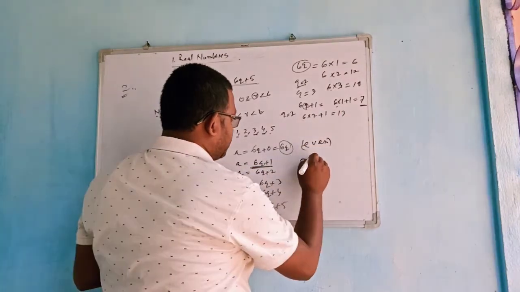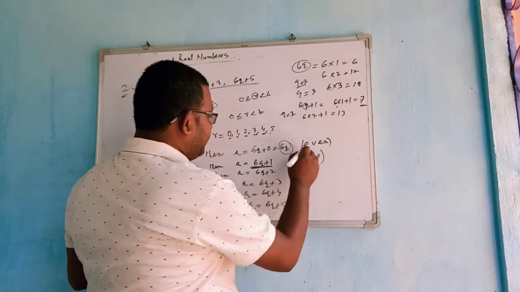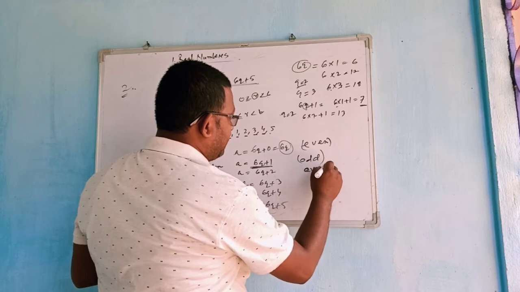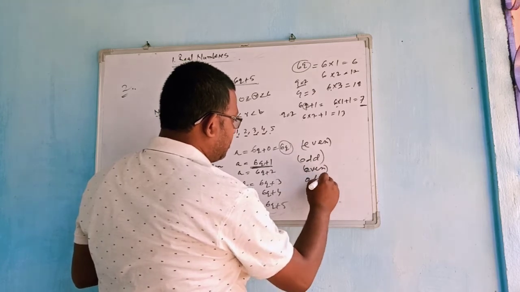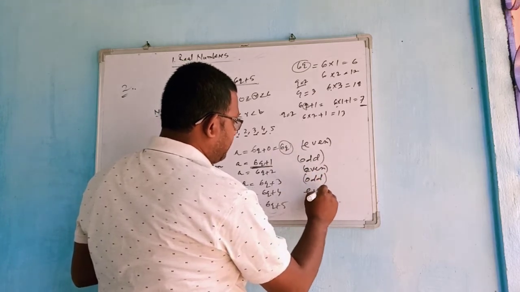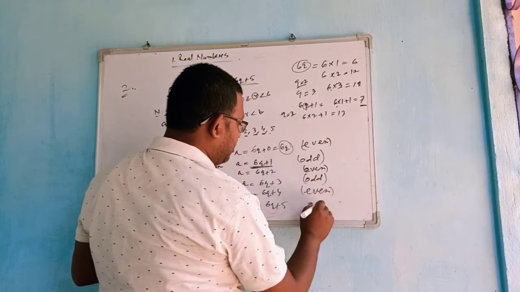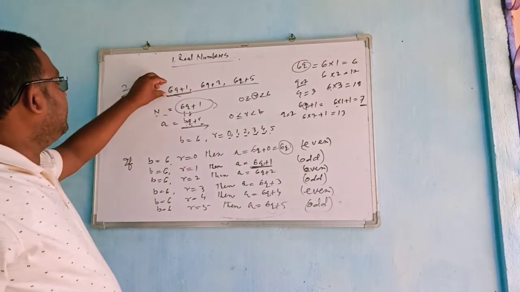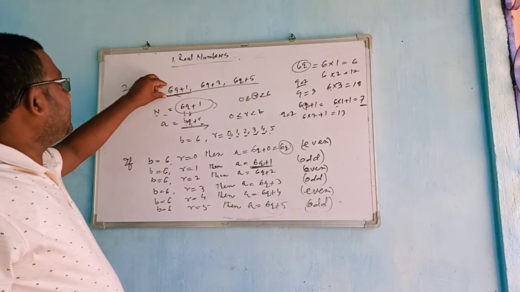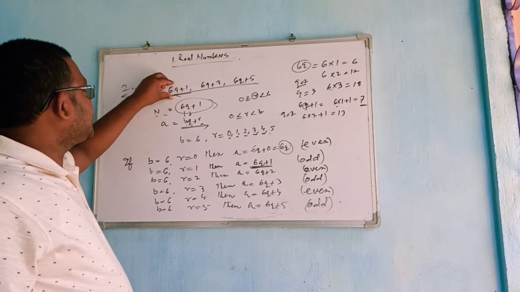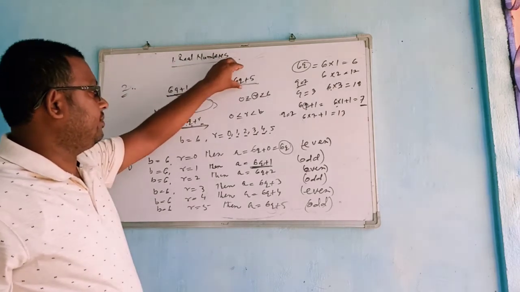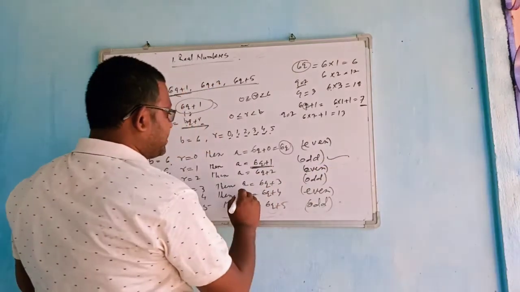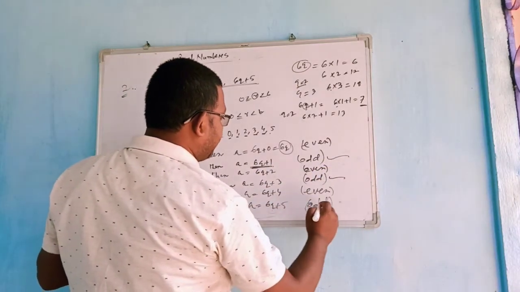So it is odd, and similarly this is even, odd, even and odd. According to our statement, every positive odd integer is of the form 6q plus 1, 6q plus 3, 6q plus 5. You can check it. 6q plus 1 is odd, 6q plus 3 is odd, 6q plus 5 is odd.